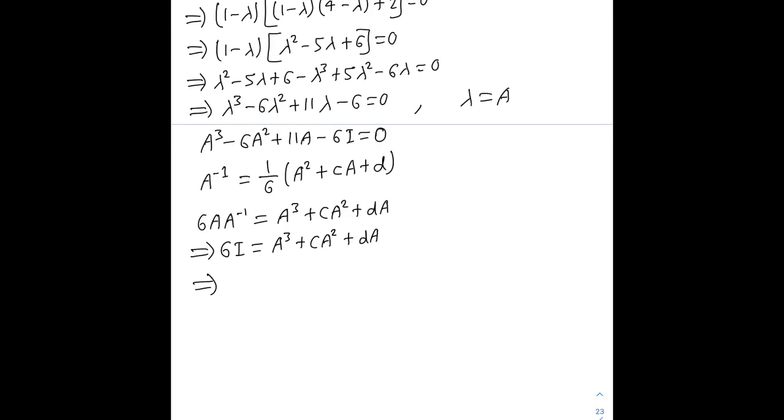Here once again I will explain that wherever lambda is there, you just replace by A, and the constant term, you write that constant into I, where I is the identity matrix. A non-zero constant you put I, and 0 you can replace by null matrix, because even if you put into I, that will become null matrix only.